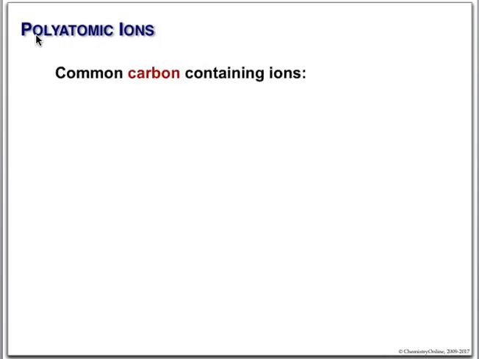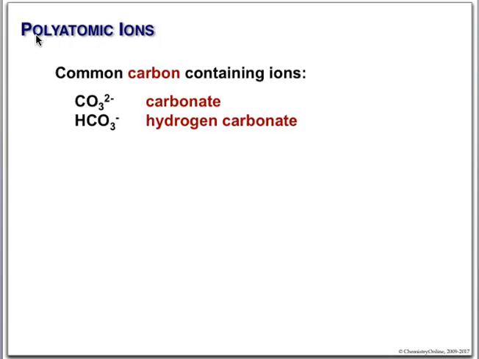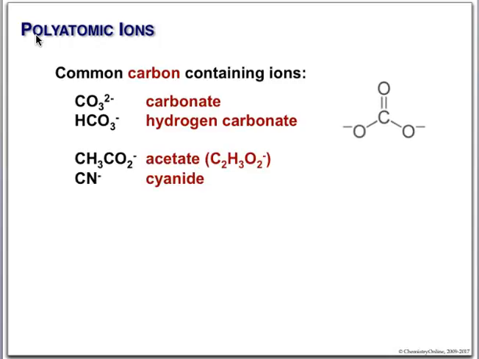Now, carbon. Our parent here is carbonate. There is no carbonite. Carbonite was Star Wars. It's not real. Once again, we can stick a hydrogen on here and make hydrogen carbonate. Another common one that we'll see later on is acetate.